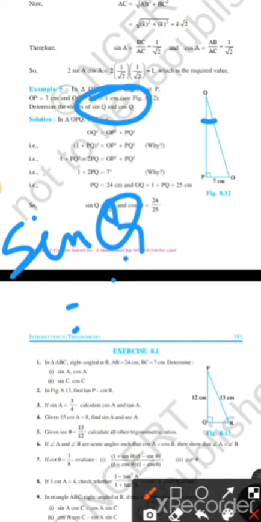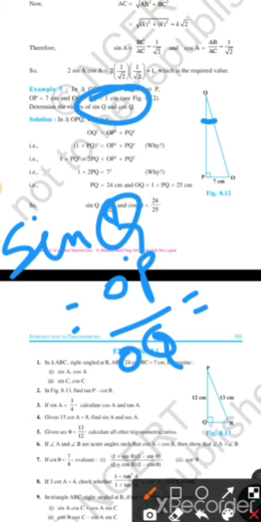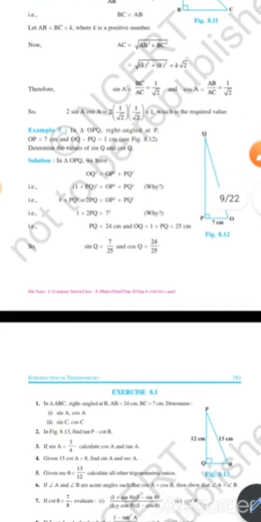It is OP, upon the hypotenuse OQ. OP is 7, and OQ is what we found, 25. So the answer is 7 upon 25.